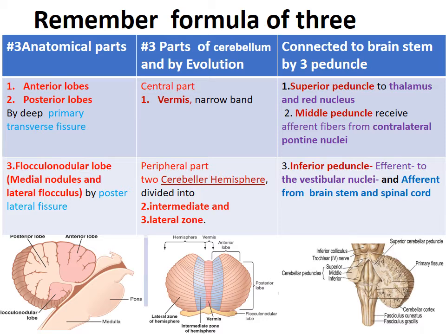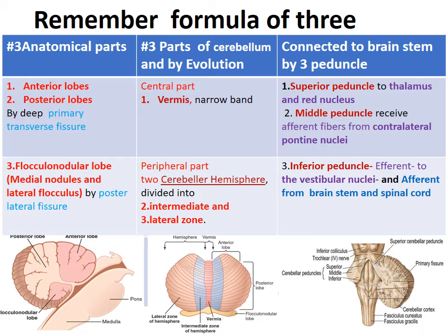The 3 anatomical parts are the anterior lobe and the posterior lobe, separated by the primary transverse fissure.